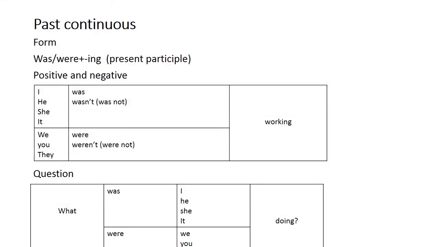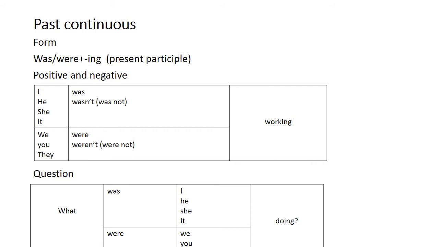The second thing is the past continuous. The form of the past continuous, we use was or were plus verb with ing.